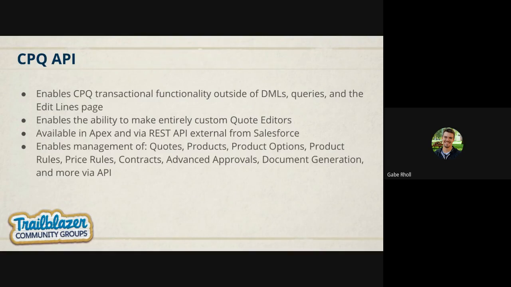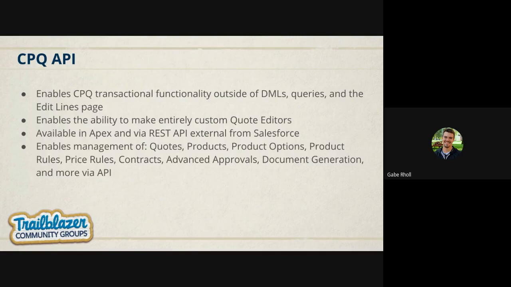We have a demo of all of these pieces we're going to be showing you here. Another piece that we're going to be showing you is the CPQ API. What this tool enables you to do is transactional level functionality using CPQ.